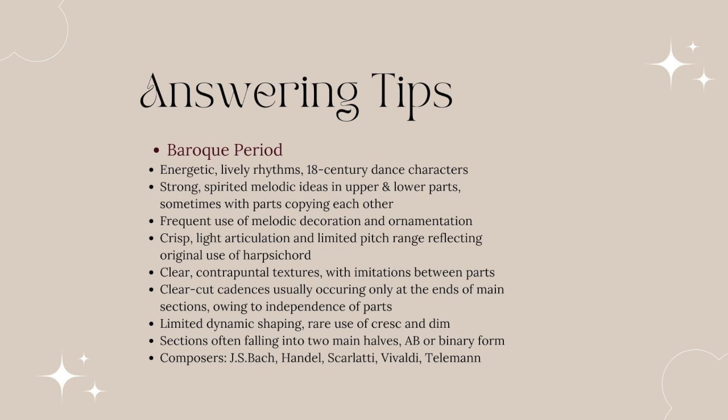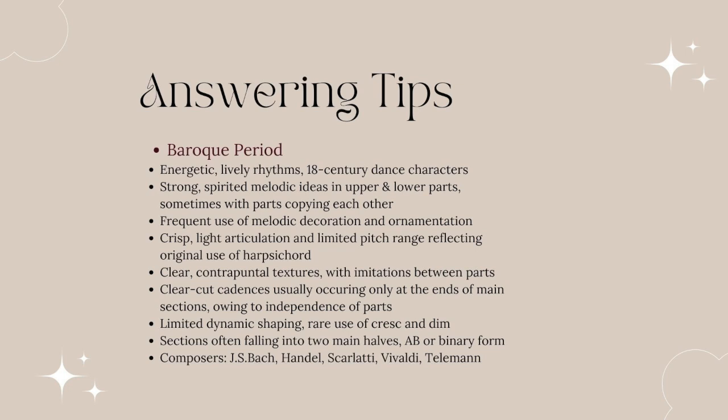The Baroque period has the characteristics of energetic, lively rhythm and 18th century dance characters. Strong spirited melodic ideas in the upper and lower parts, sometimes with parts copying each other. The frequent use of melodic decoration and ornamentation. Crisp, light articulation and limited pitch range reflecting the original use of harpsichord. Clear contrapuntal textures with imitation between parts.